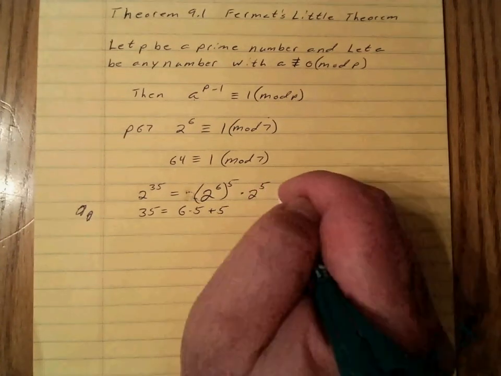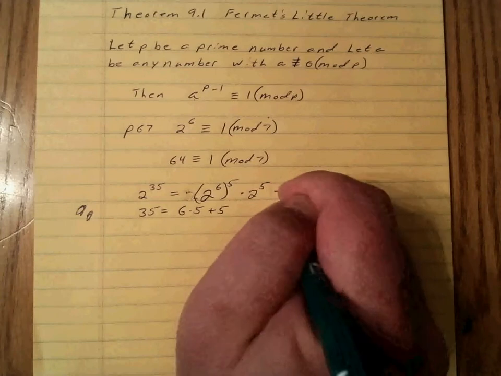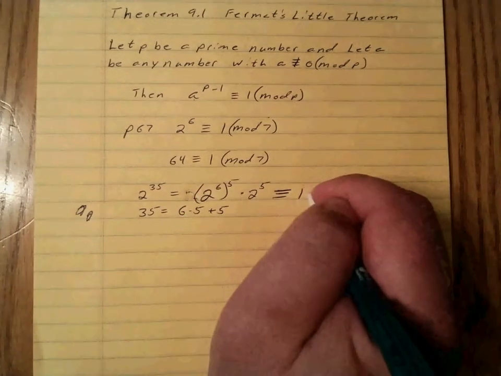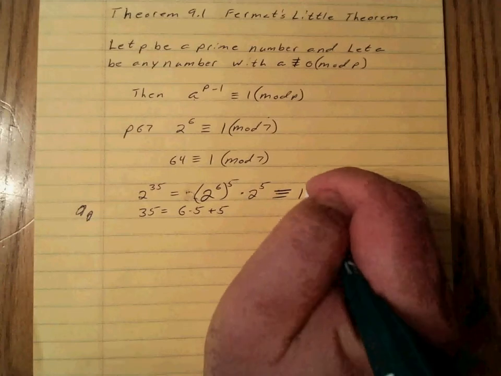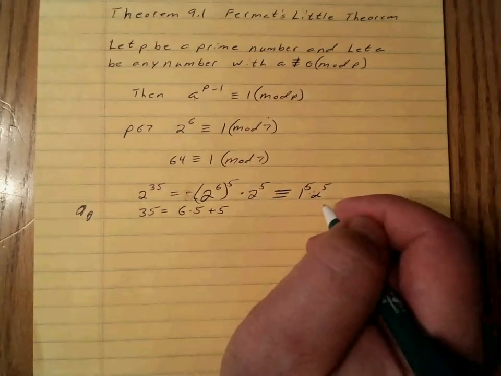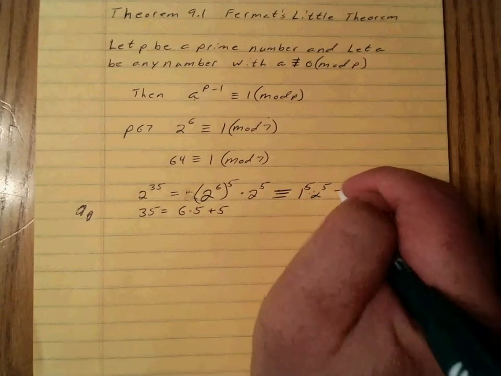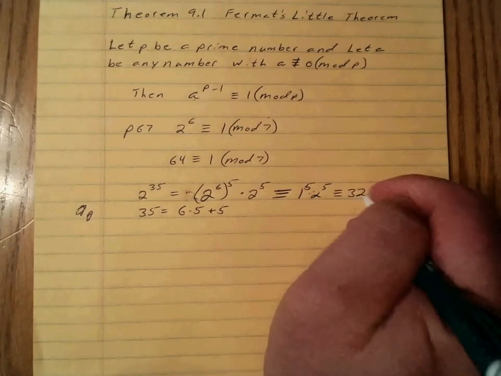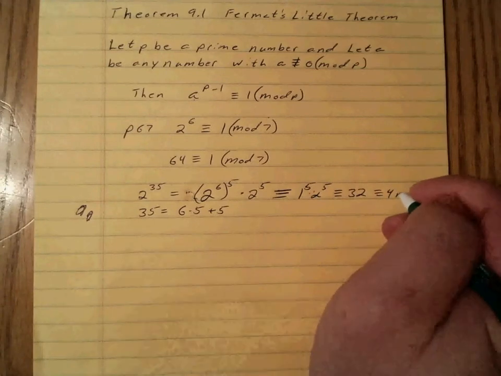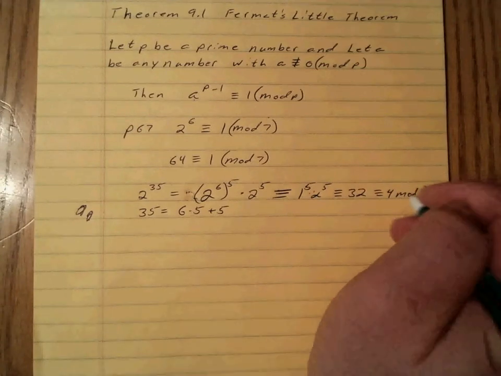This is going to be congruent to 1 times 2 to the 5th power, and that's going to be congruent to 32, which is congruent to 4 mod 7.